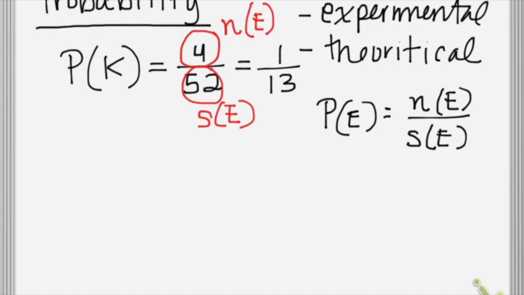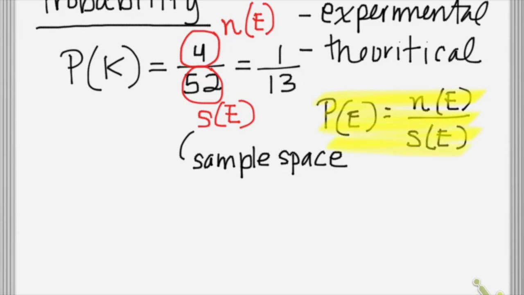This number of total possible outcomes has a name that we should be familiar with. It is called the sample space. So that is the total number of possible outcomes when we're looking at the probability of an event. And all probability really does come down to filling in that formula. Now there are some nuances in here that we are going to address, and I think the best way to do that is by way of some examples.